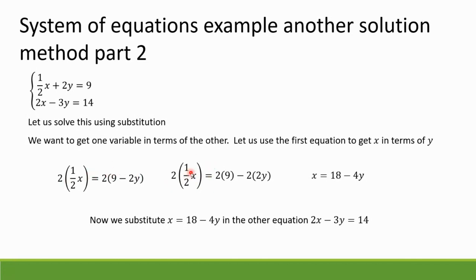So we have 2 times 1 over 2 times x is 2 times 9 minus 2 times 2y. And so we get x equals 18 minus 4y. That's what we get here. So again, I just multiplied both sides by 2 because I want the 1 over 2 to go away.